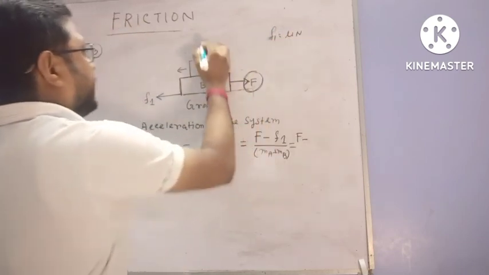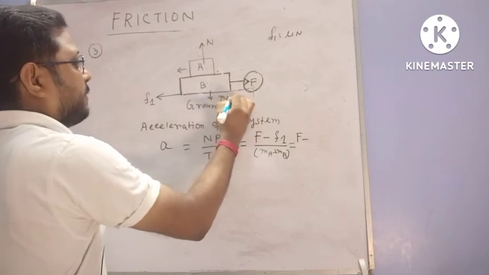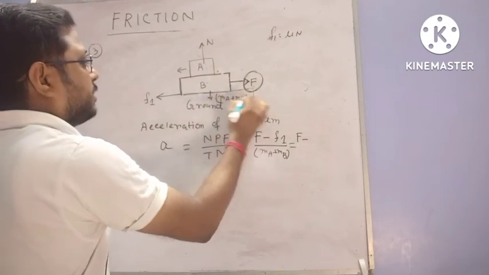What is the value of N? N is equal to (Ma plus Mb) into g.